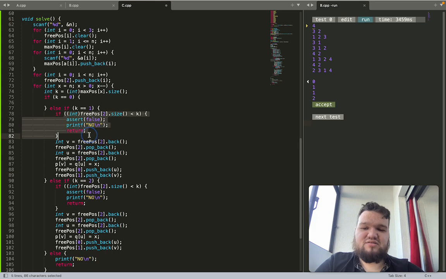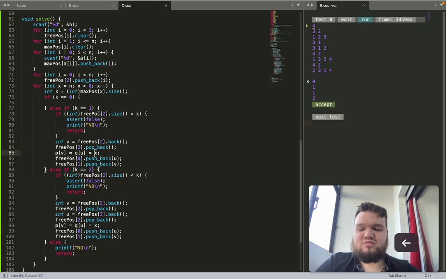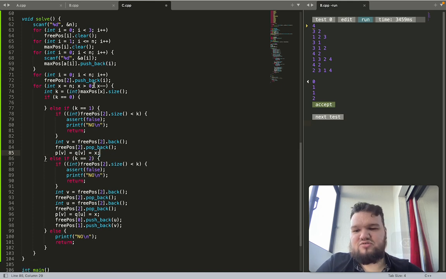Again, this shouldn't happen, so we can just say assert false. Then take one position, put x in both of them, and now this position is completely filled, so we just don't do anything here. And here we have to take one position that is free for p and put x there in permutation p, and the same for q.